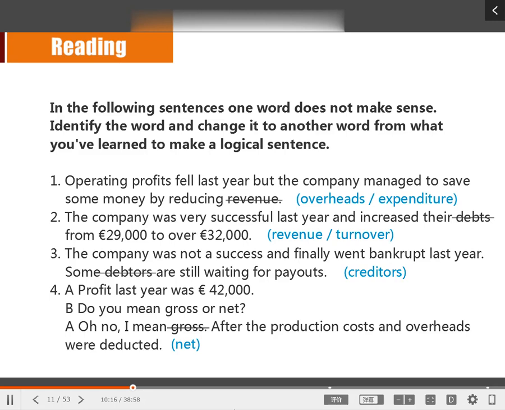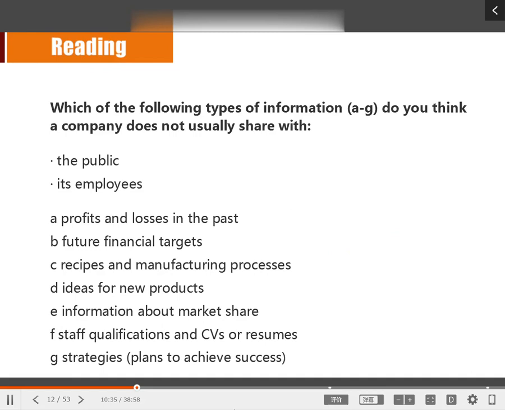Now here, the company that we're going to talk about is known for being secretive. Secretive, 神秘的。那我们接下来要读到的这家公司呢是非常的神秘哈，或者换句话说，他们的保密工作做得很好哈。Now here, let me ask you this. Which of the following types of information do you think a company does not usually share with the public and its employees?